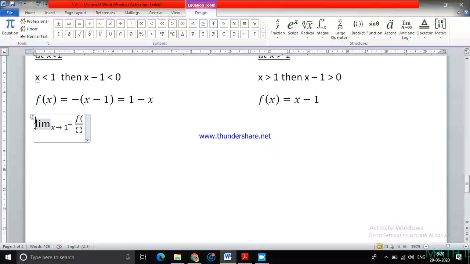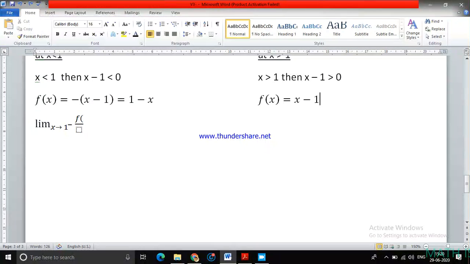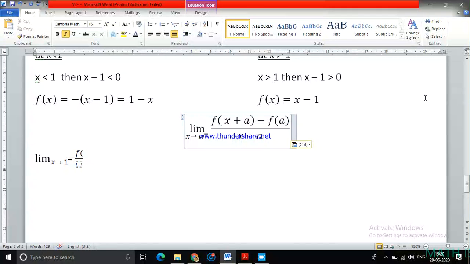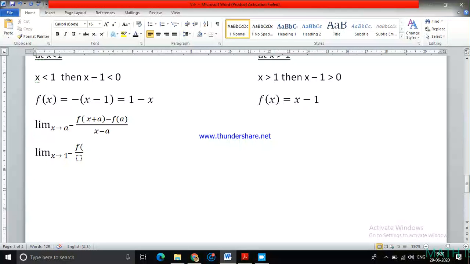So this was my formula of the left limit. I'll put equals to f of x plus a, that is f of x plus 1, minus f of a, which means f of 1, upon x minus a, that is x minus 1.